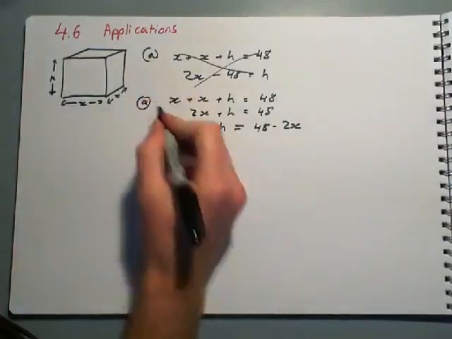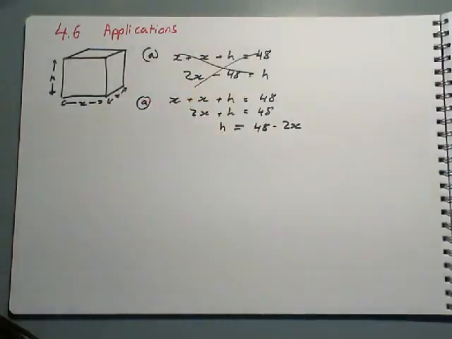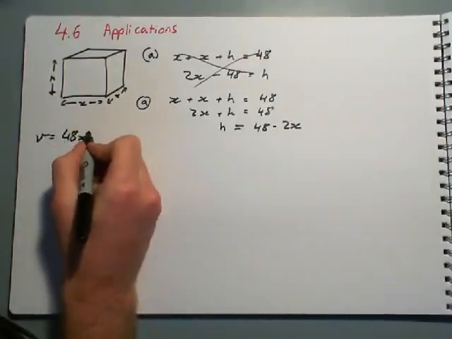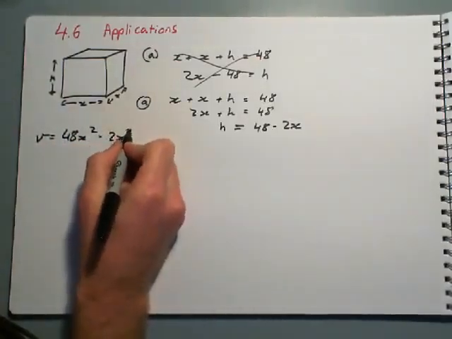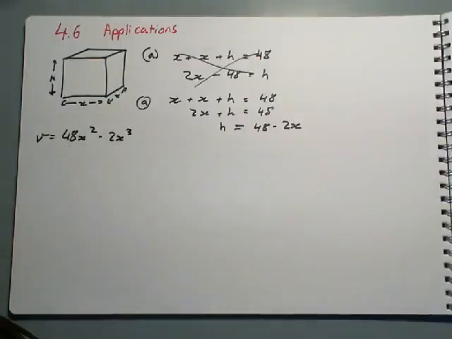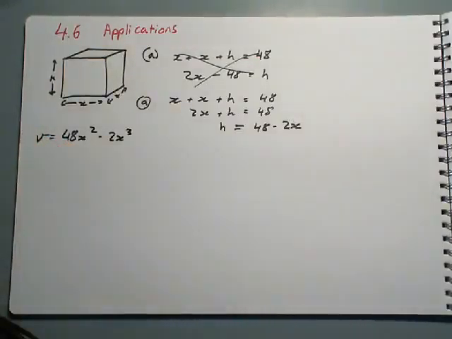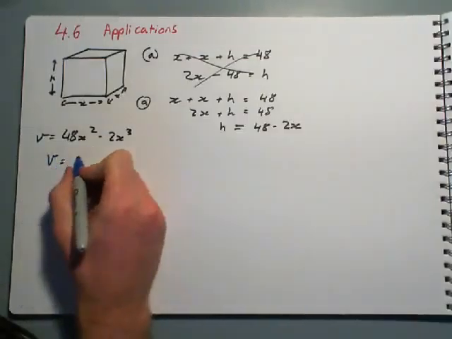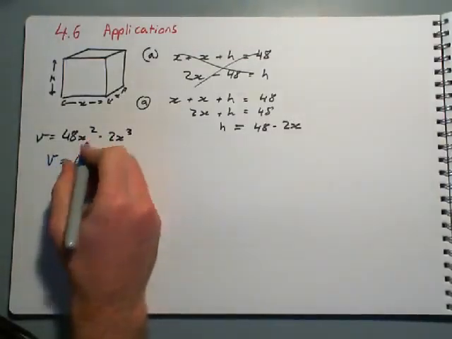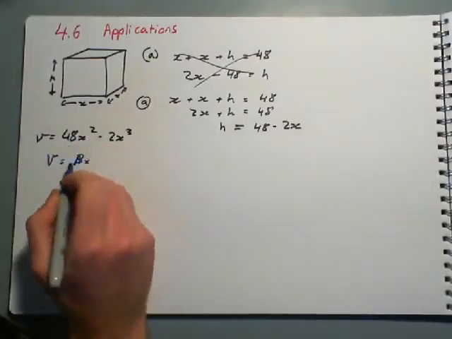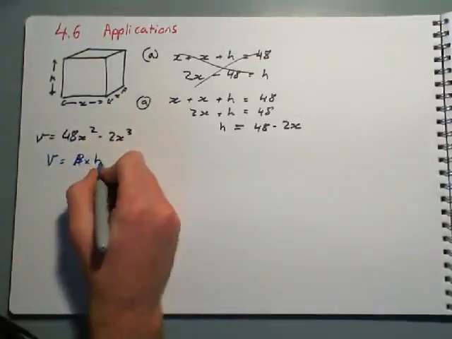So that's part A. Part B: show that the volume of the container is given by V equals 48x squared take 2x cubed. The formula for a volume is the area of the base times the height.